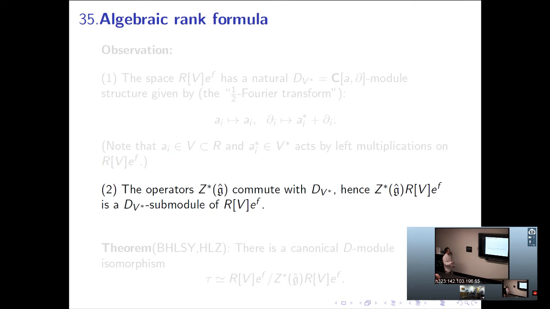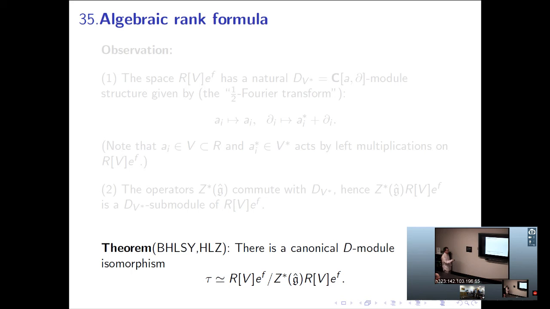Okay. So the second observation is that the operators coming from the dual representation of G hat actually commute with this D module structure. So the image of the star action is a sub D module. And a theorem is that there is a canonical D module isomorphism between tau and this quotient D module.